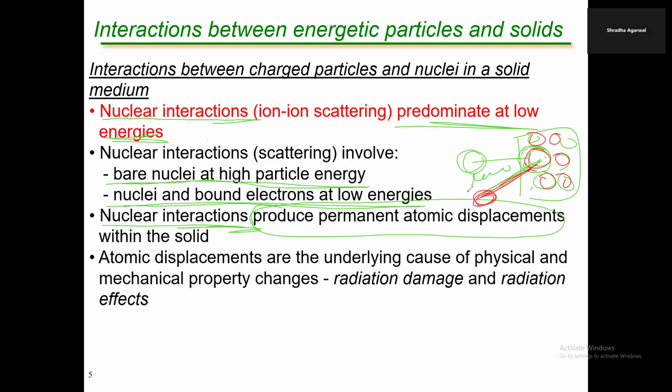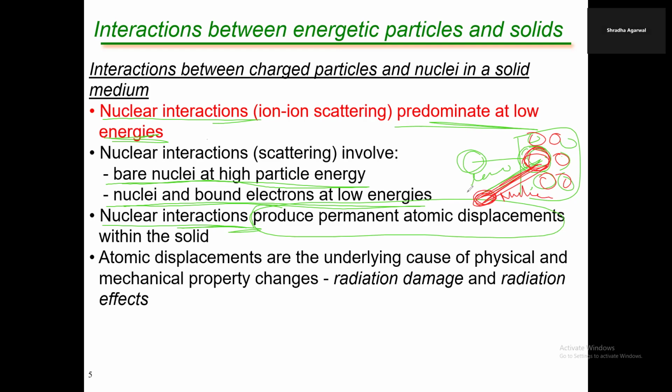To be able to replace it, what kind of interaction is important? Nuclear interaction is important. Why? Because electrons will be able to deionize it, will be able to do a lot of things, but they won't be able to displace it. The displacements will happen at the end, right?